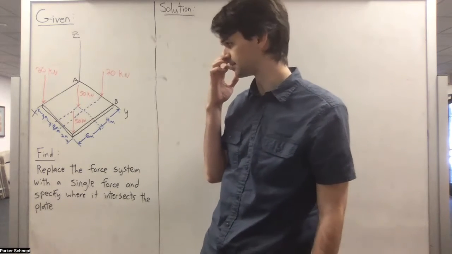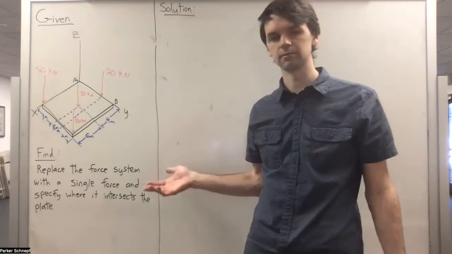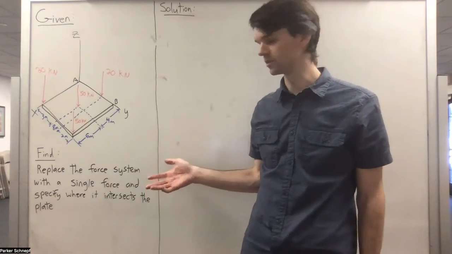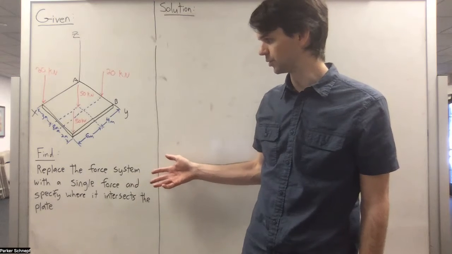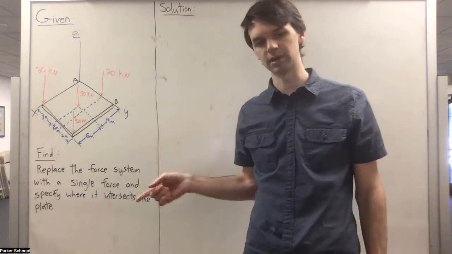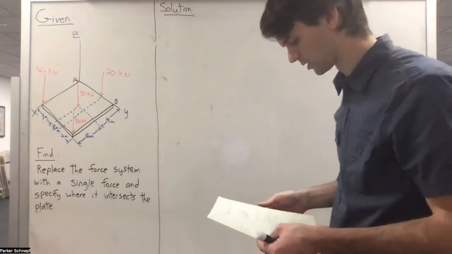This is just taking the next step. It's not always possible to do this in every problem, but in this section, when it's asking you to do this, obviously they've set the problem up to be possible to replace by a single force placed at just the right spot. So how are we going to do this?